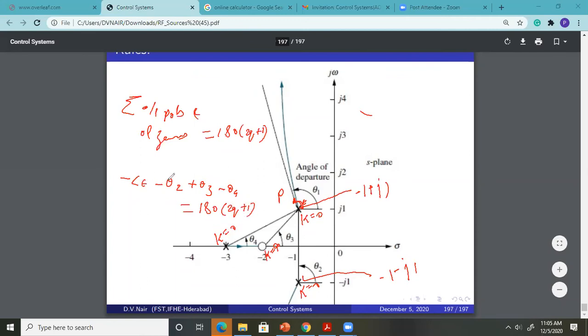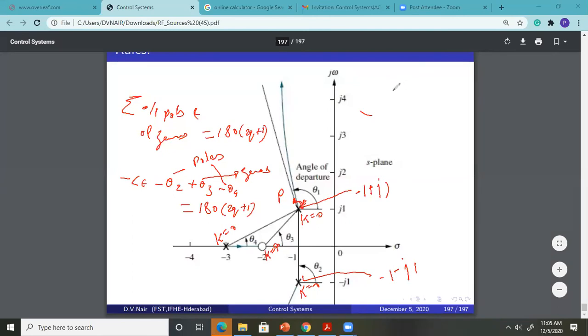In this summation of angles made by open loop poles and zeros, for poles I am taking negative. You can see the angles made by poles in the summation, I am writing them with a minus sign, whereas the angle made by zeros, I am writing in the summation with a positive sign, because zeros are in the numerator. So the total angle contributed by them will be positive, whereas the angle made by poles will be negative. You agree with me here? Yes, sir.